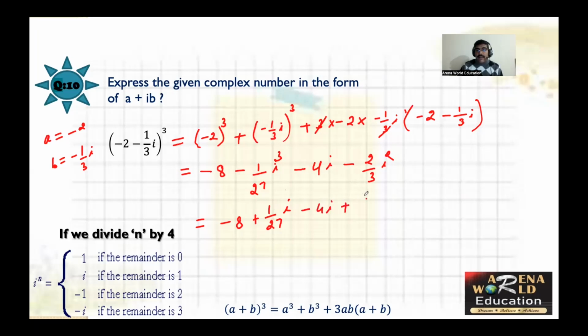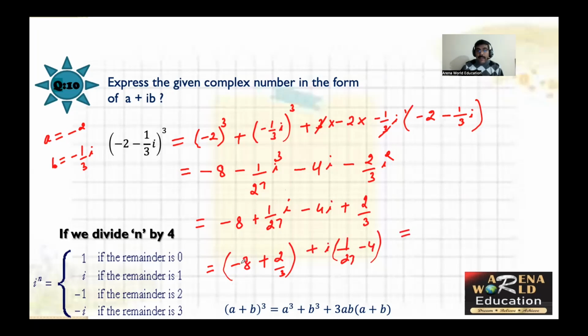So we can write it directly as 2 by 3. If we combine the like terms, minus 8 plus 2 upon 3, plus iota into 1 upon 27 minus 4.